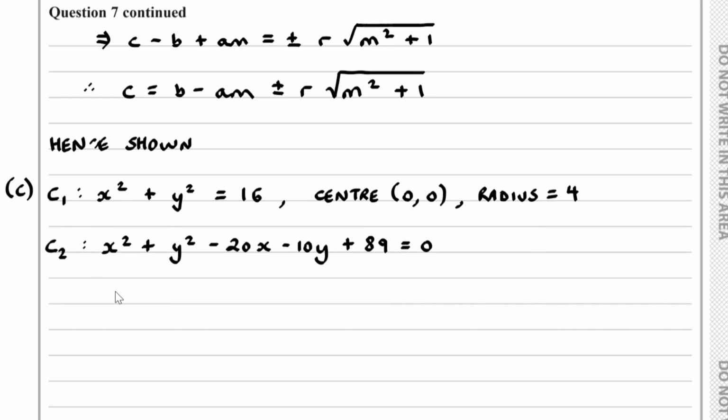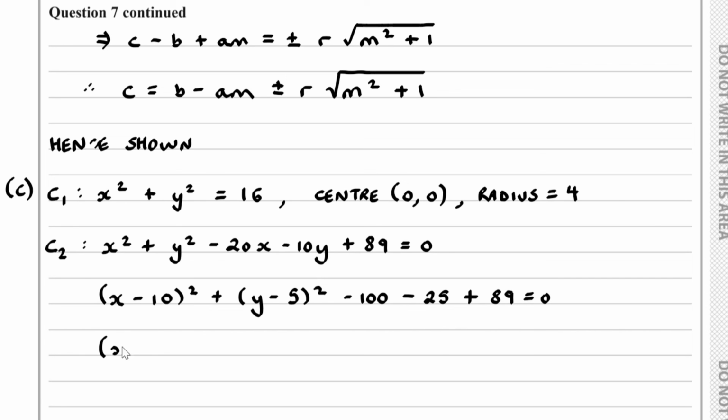So we have (x minus 10) squared plus (y minus 5) squared minus 100 minus 25 plus 89 equals 0.